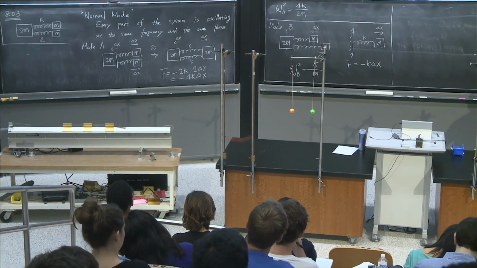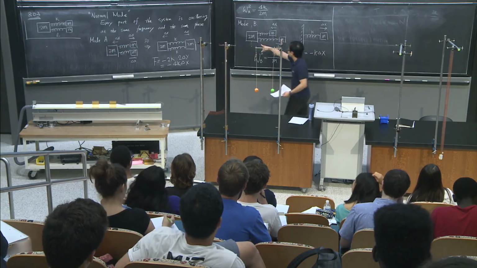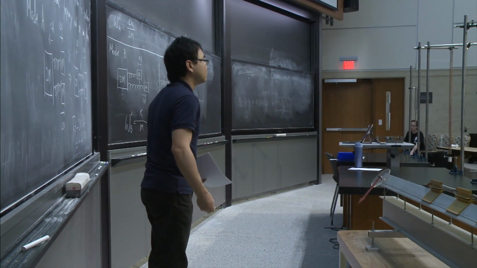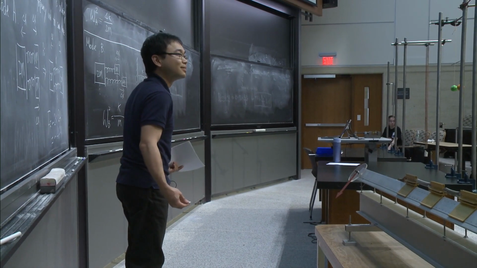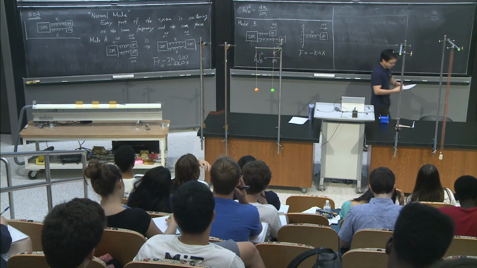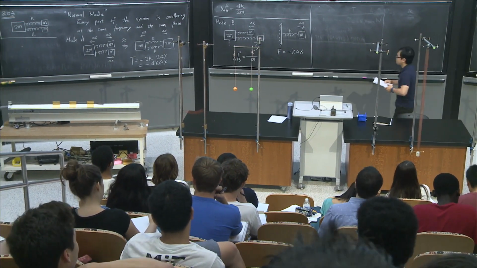Everybody agree? No, not everybody agrees. Look at this guy. This guy is not moving, right? How could this be? This is not a normal mode, right? Isn't it? I hope that wakes you up a bit. I can be very tricky here.